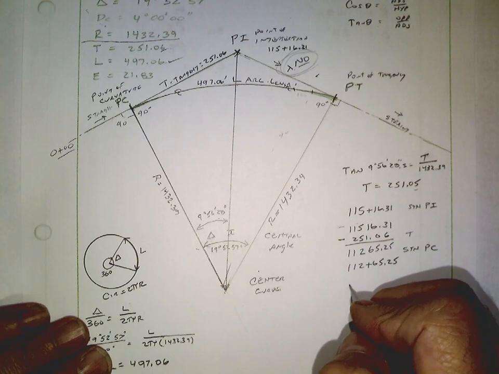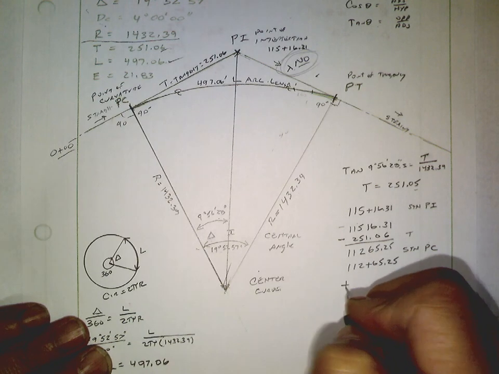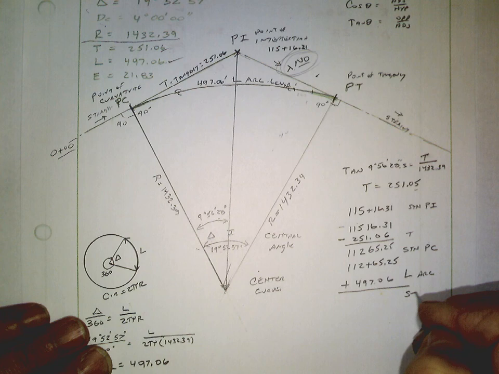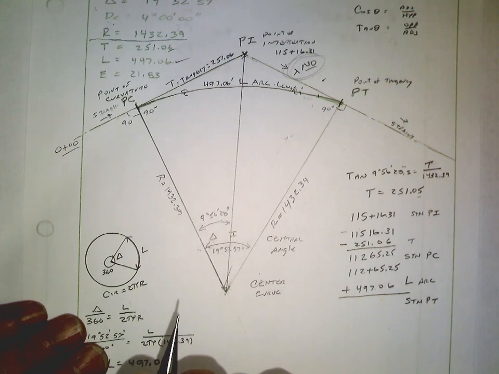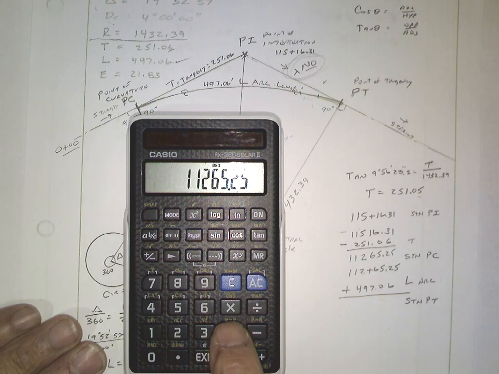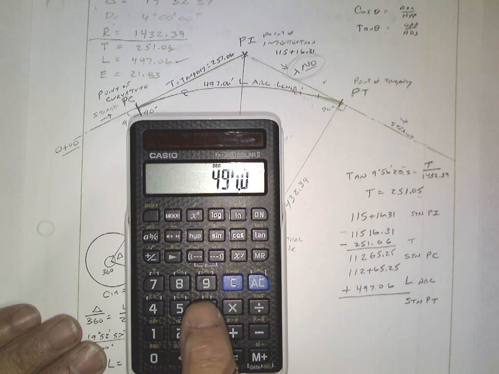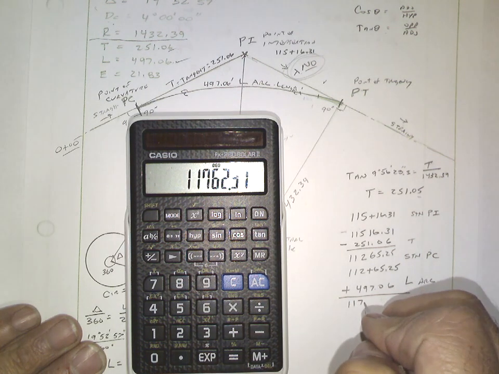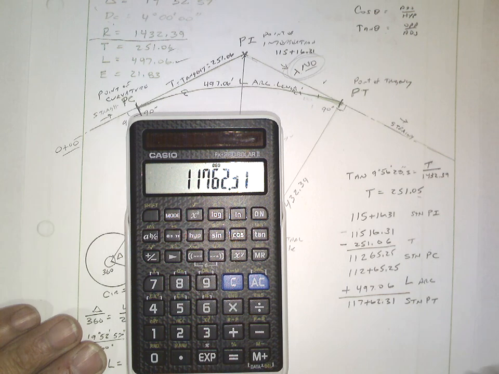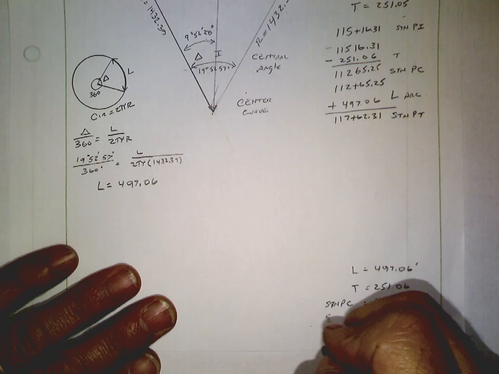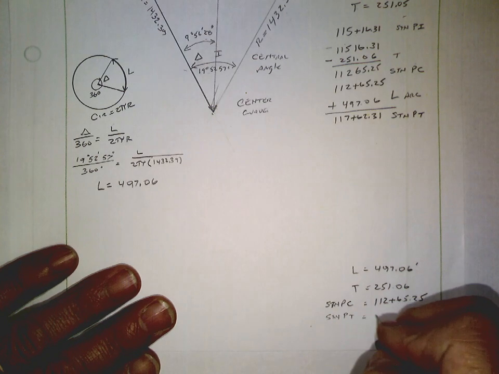You gotta memorize it. So if I take the 112.65 and add the arc length of 497.06, I now get the station of the PT. So if I take the 112.62, get rid of the plus sign, treat it like a number, add 497.06, I get 117.6231, which is the station of the PT.